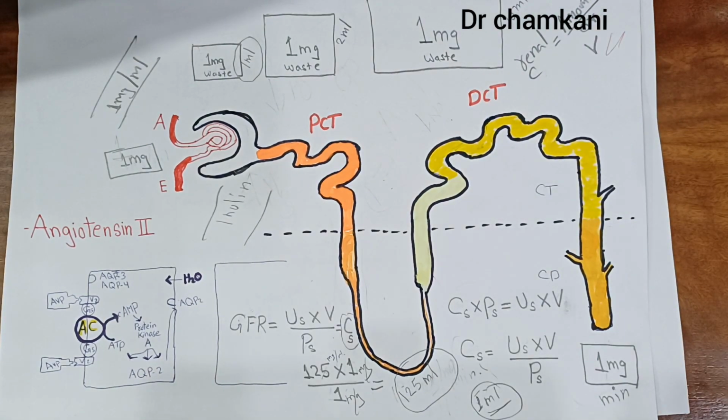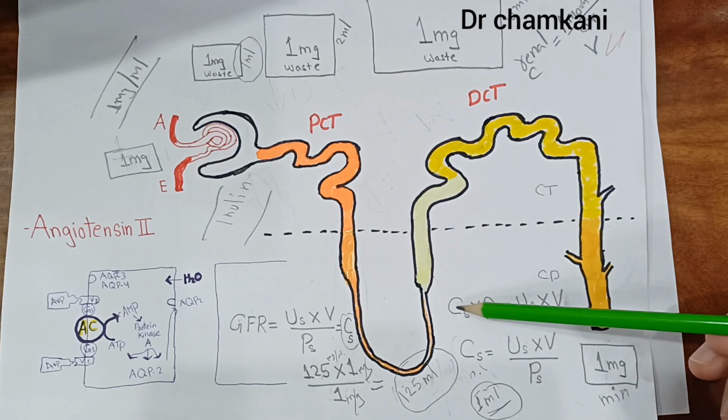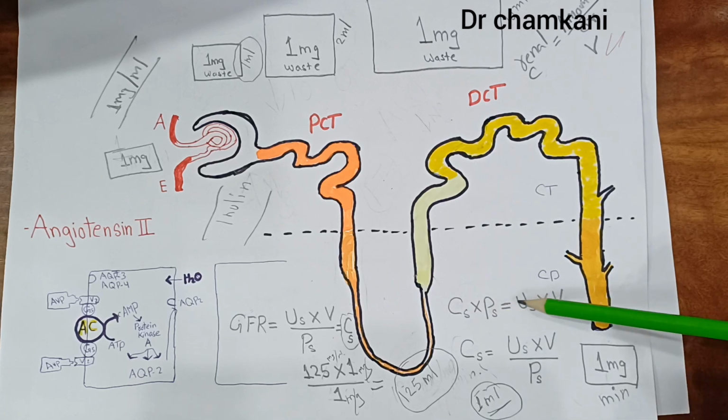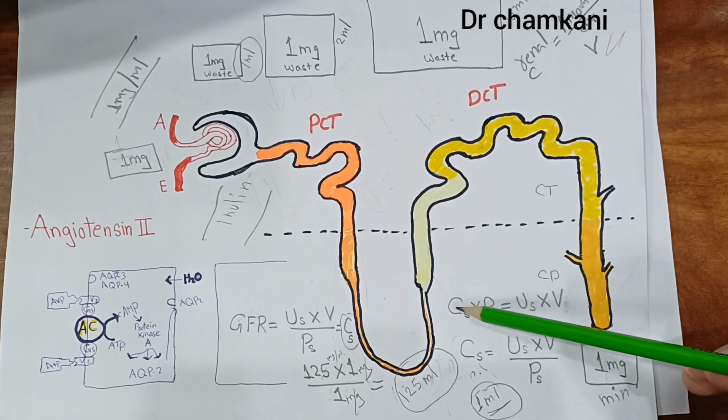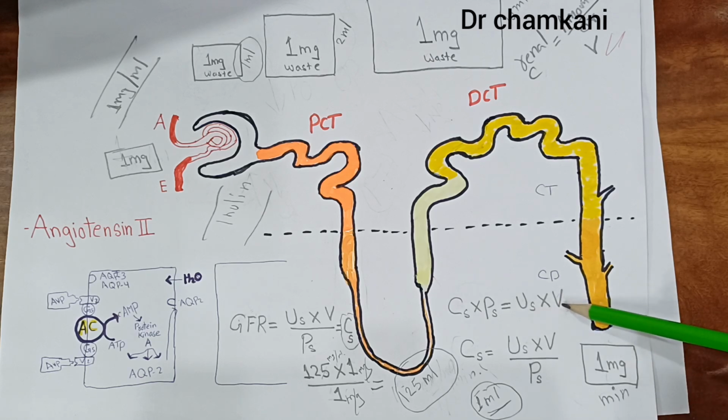Now, how to calculate the renal clearance? Renal clearance is calculated by this simple equation, in which C stands for clearance of any substance, multiplied by the plasma concentration of that substance, which is equal to the urine concentration of that substance multiplied by the volume of urine formed. Clearance of a substance times plasma concentration of a substance must be equal to urine concentration of a substance times volume of urine formed.